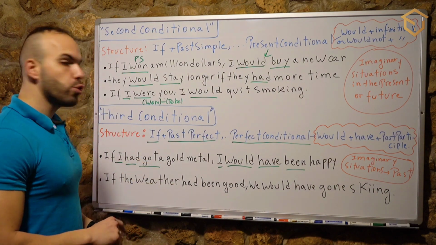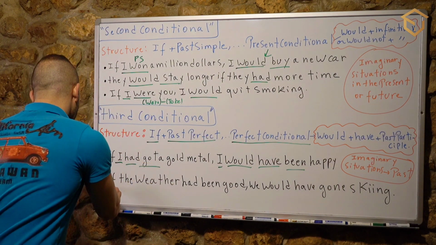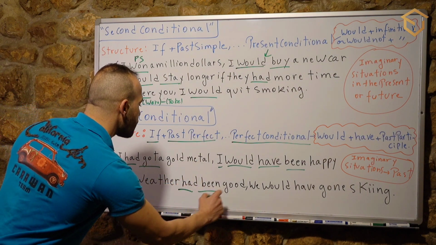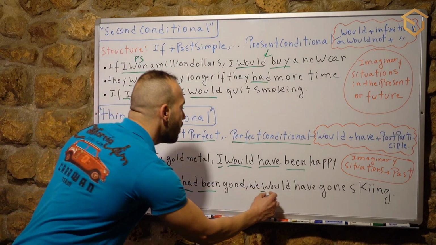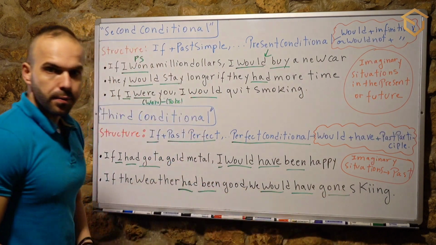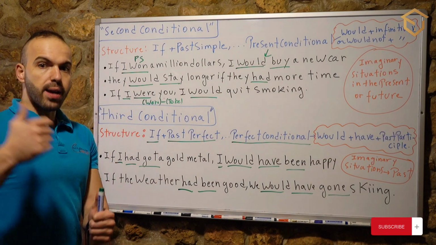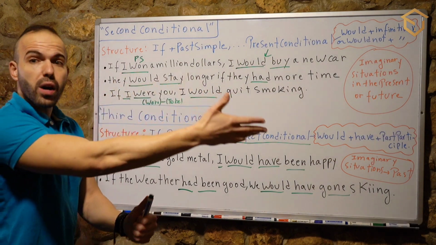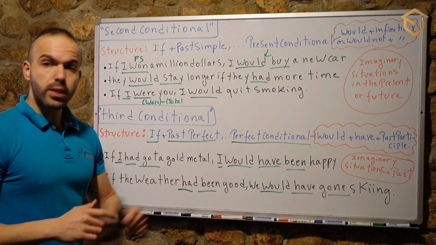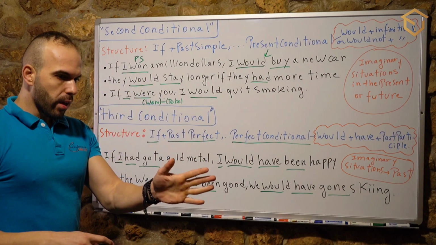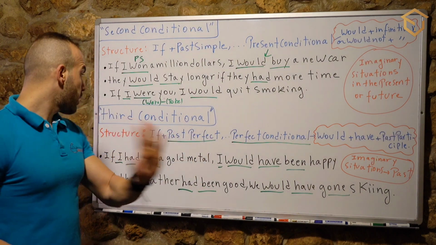Now let's jump into another example. If the weather had been good, we would have gone skiing. It's a particular thing in the past that didn't happen.